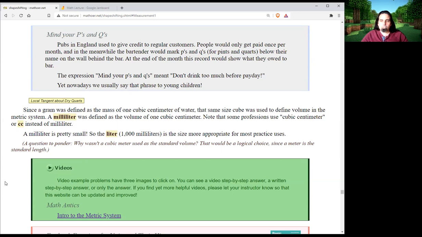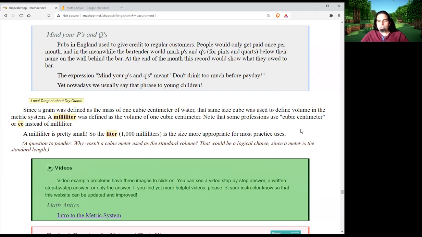Okay, remember how your six-sided dice, little cube, was filled with water, and that was a gram? Then that same size cube they wanted to use for the metric system for space. So they defined it as the milliliter, how much space it takes when you make a cube where every edge is a centimeter.